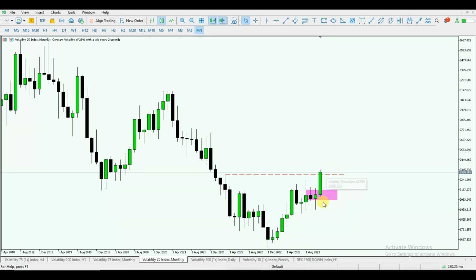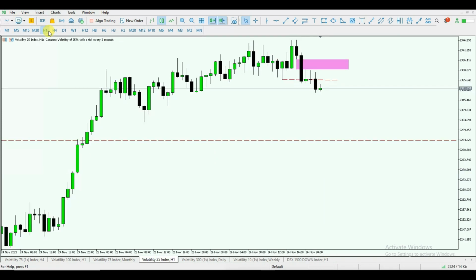More often, I'm looking for price after it has traded into this high. You know, it traded also into this beautiful small fair value gap resting here. Price closed in on this fair value gap, and awesomely I'm looking for price to bounce off this area and then trade down. So that is my expectation for the week.